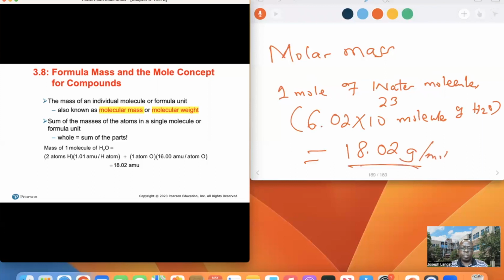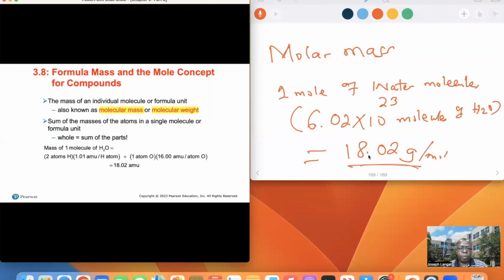That's the molar mass. This is only 1 oxygen and 2 hydrogen atoms. It's the same numerical value, but we use AMU for atomic mass unit. But if we have an Avogadro number of these units, Avogadro water molecules, we talk about grams per mole. That means you can physically see 18.02 grams. So you go in the lab and weigh out 18.02 grams of H2O.